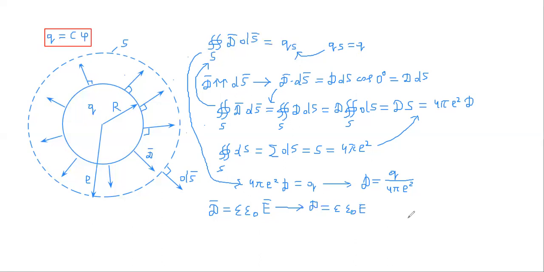We are learning fields in isotropic dielectrics, and from here we have that E is equal to D divided by epsilon 0.